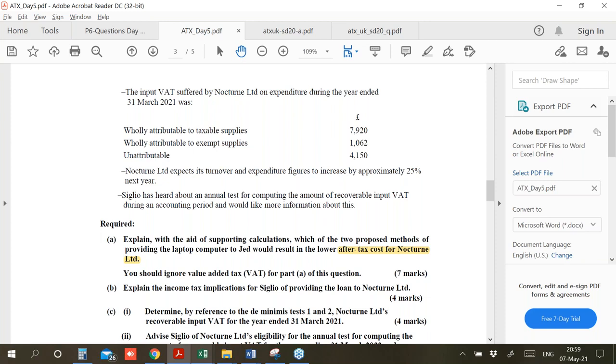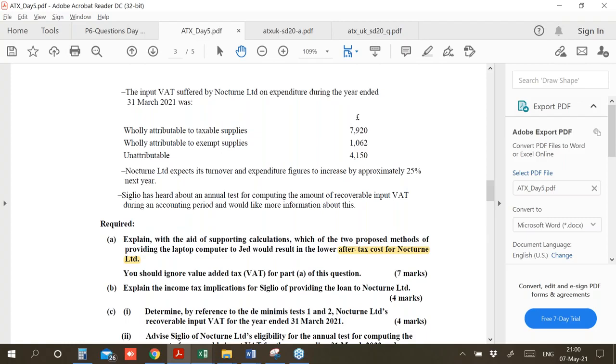If they are proceeds, they will be concerned in which option there will be higher after tax proceeds. If there is cost, they will be concerned in which option will result in lower after tax cost. So this format is not compulsory. You can make whatever format you want to. For example, if you think you can show this calculation by writing a paragraph and in between show these calculations as well, it is perfectly fine.